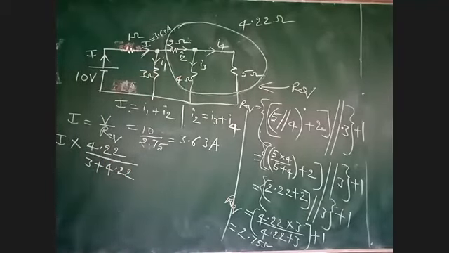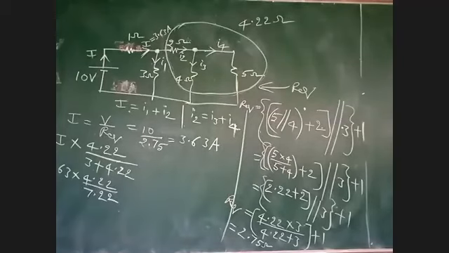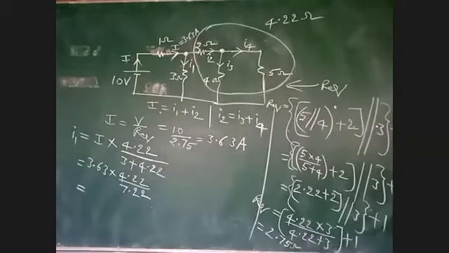Now I1 is 3.63 into 4.22 by the total resistance of the parallel branches, 7.22. This is I1, which is 2.12.